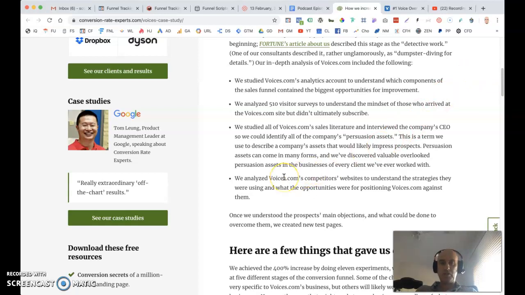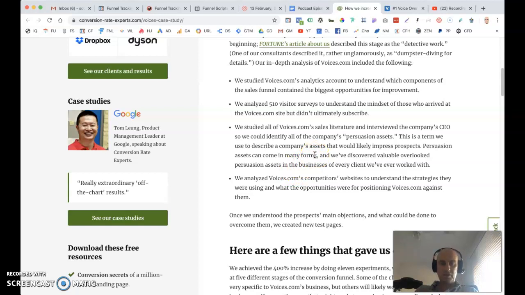They also had a good look at the client's sales literature and interviewed the CEO so that they could identify the company's persuasion assets. In other words, assets that would likely impress prospects.